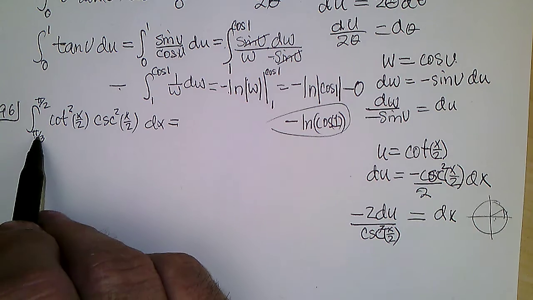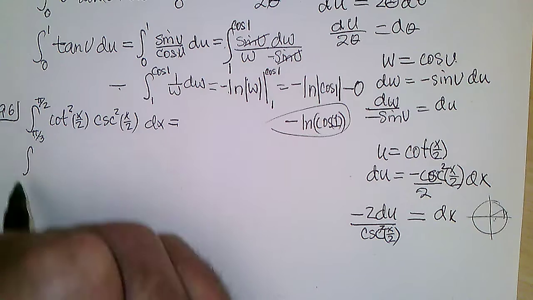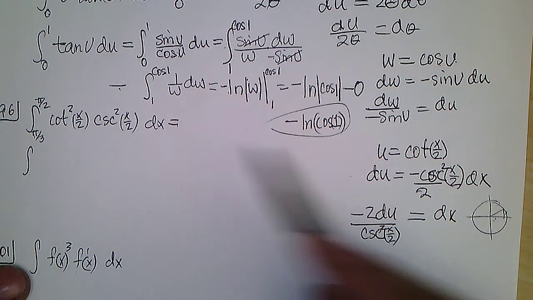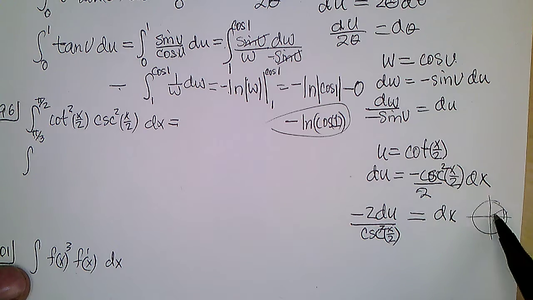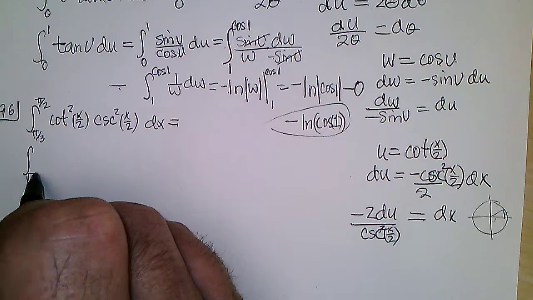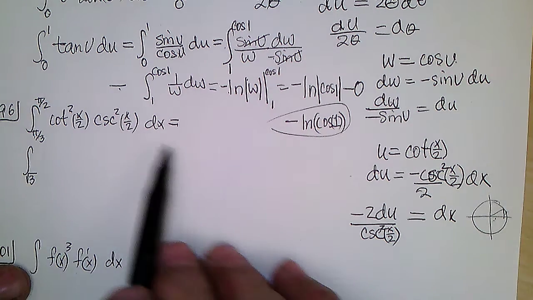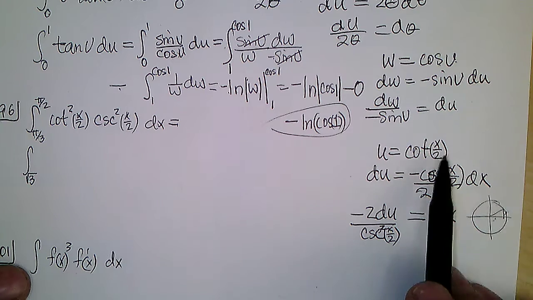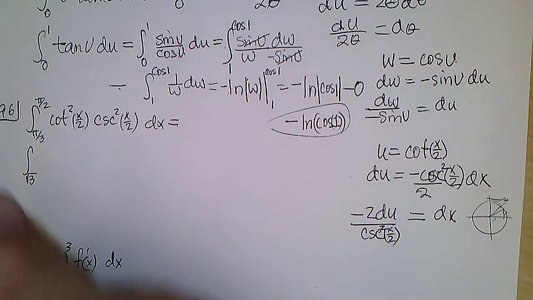So pi over 3 becomes cotangent of pi over 6, which is the square root of 3. And pi over 2, cut in half is pi over 4, and so the tangent is 1, and so the cotangent is also 1, because the reciprocal of 1 is 1.